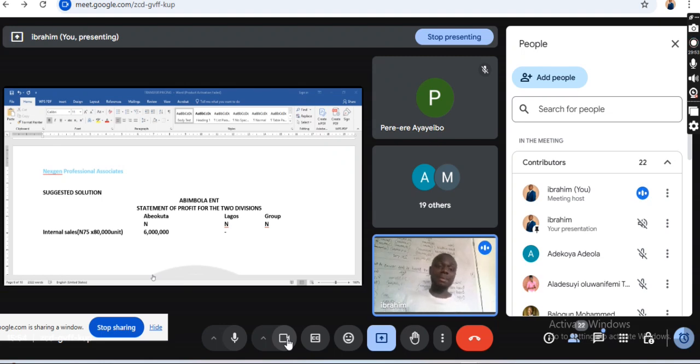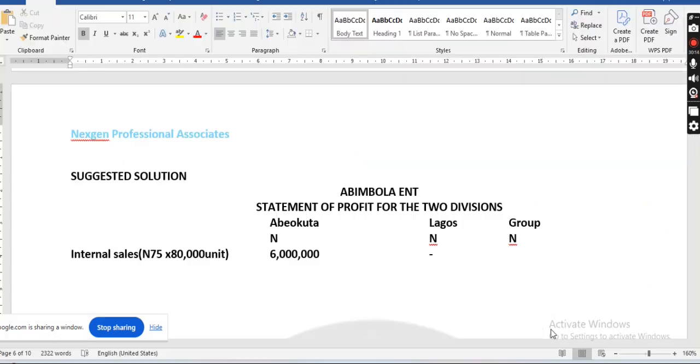You are not making any profit. If you sell goods to me now, we exchange. I give you this, you give me this, right? So there is no effect. There will not be any effect on the group. So therefore, we will not have anything here. So now the next thing is Abeokuta will sell to external, right? Abeokuta will sell to what? To external. So external sales.